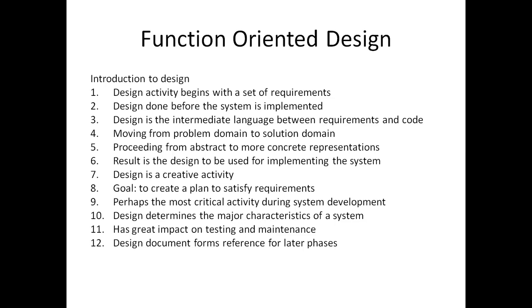In the second level, the internal design of the modules, or how the specification of the modules can be satisfied, is decided. And this design level is called detailed design or logic design.